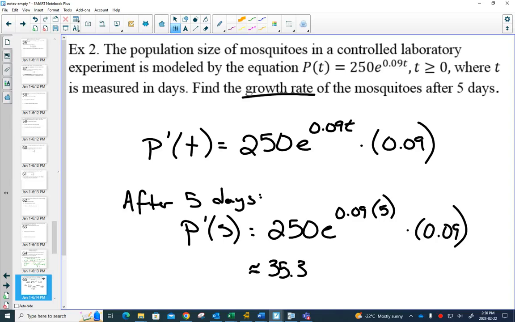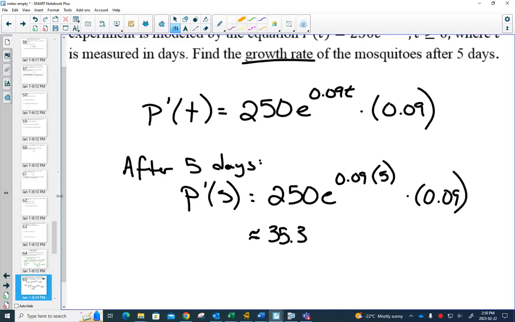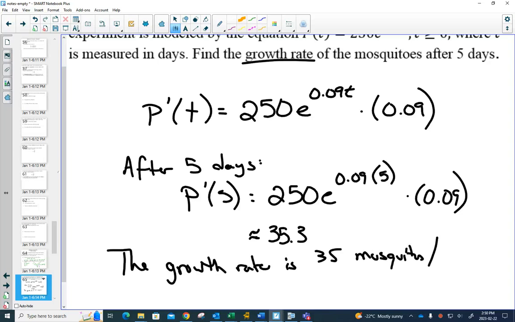Okay, to 3 sig figs, we would get 35.3. I rounded it to the nearest whole number because it's hard to see what a part of a mosquito would look like. So we have 35 mosquitoes per day.